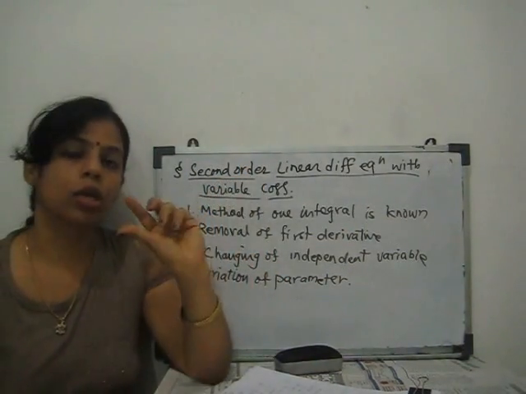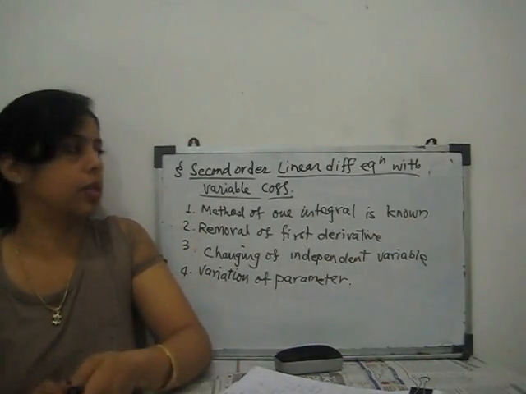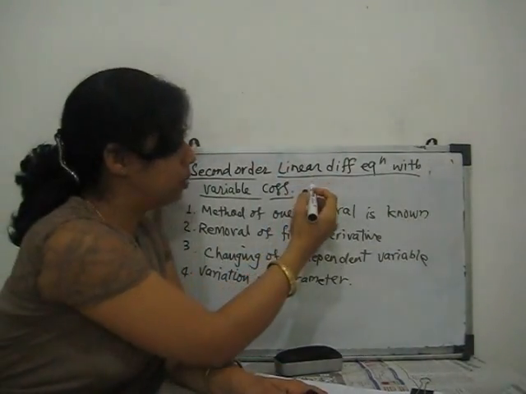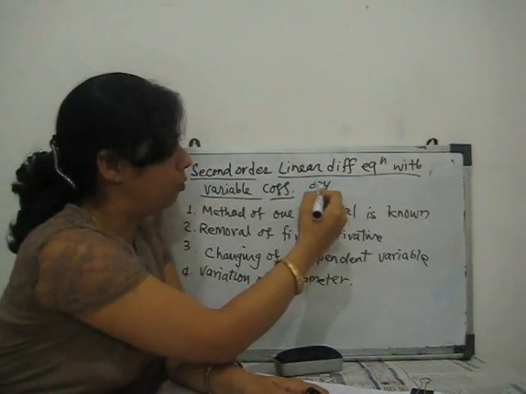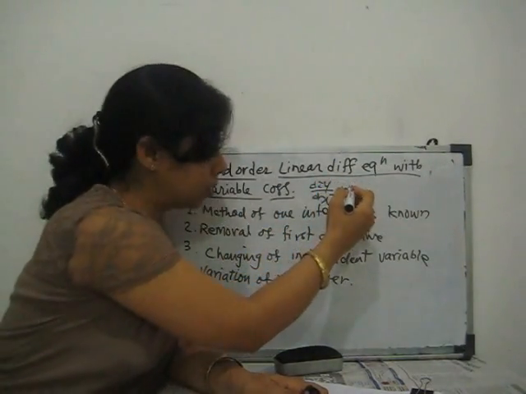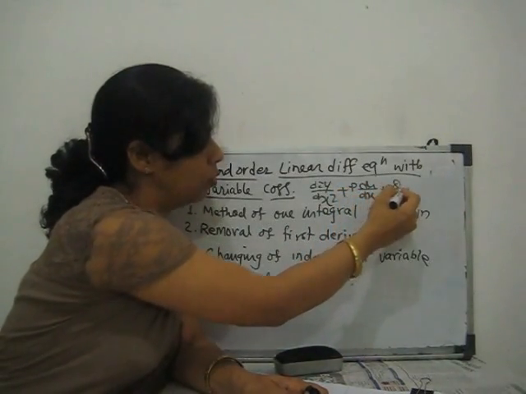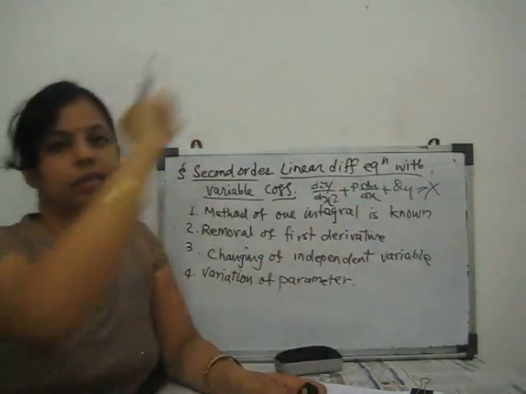There we discuss only second order linear differential equation, not higher order 4, 5, 6. So what is this? This is basically d2y by dx square plus p dy by dx plus qy equal to x.